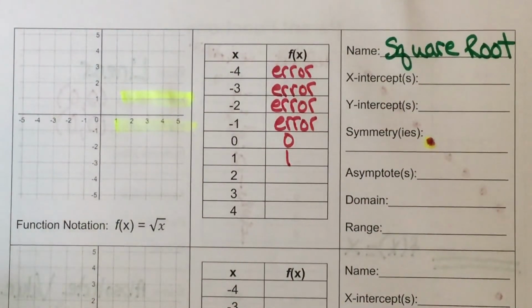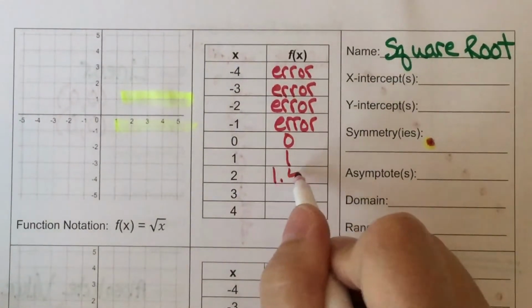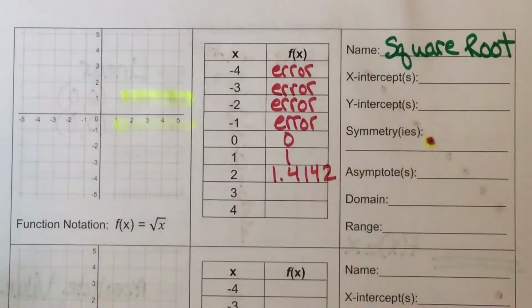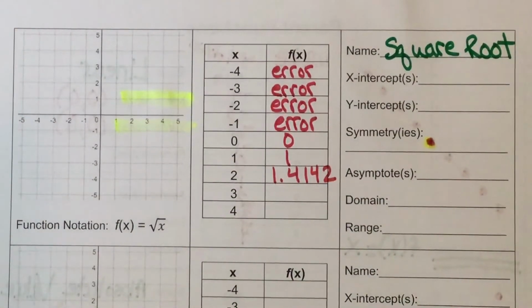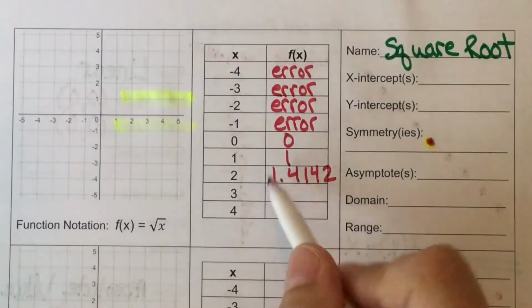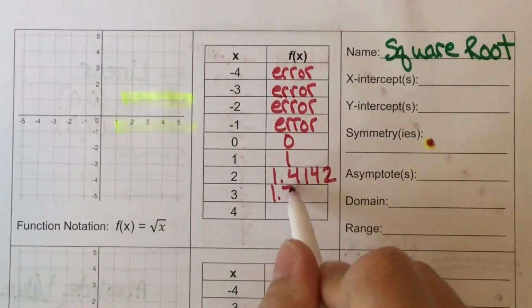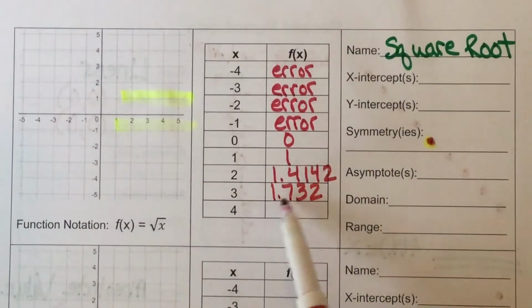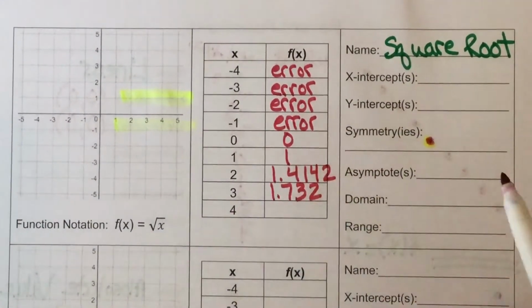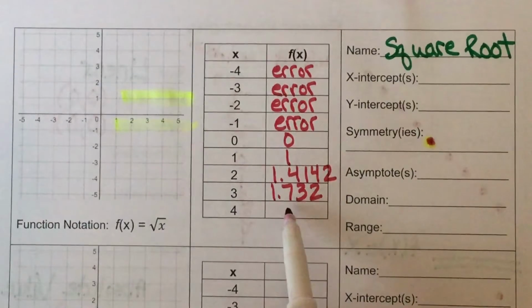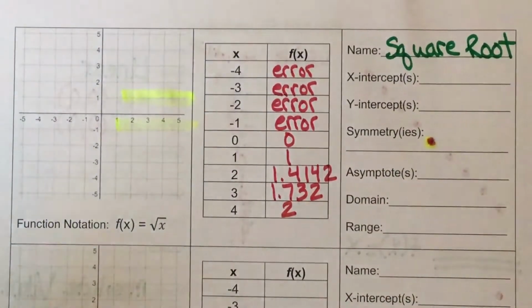The 2 is 1.4142, and I don't really need all of those numbers. So the next one I may just round. The 3 is 1.732, but I could just write 1.7. This one I could just write 1.4. And when the 4 is there, you see a 2.